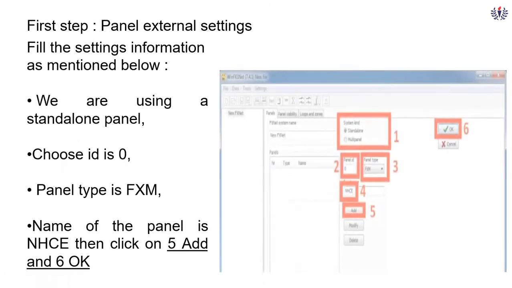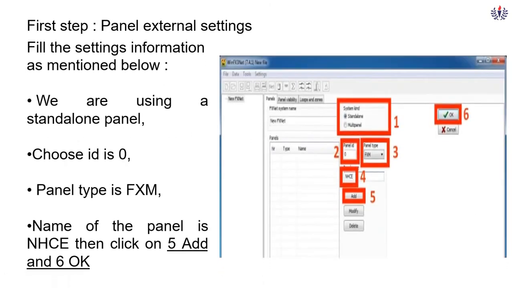Once it is clicked, we can go for the second step, that is panel external settings, which is the continuation of the first step. Here we are going to check certain options. First, we are going to select the standalone option, and we want to choose the panel ID as 0. And the panel type, as we discussed already, is the FXM panel, and we can give an address or name as NHCE, and we can click add and then OK.